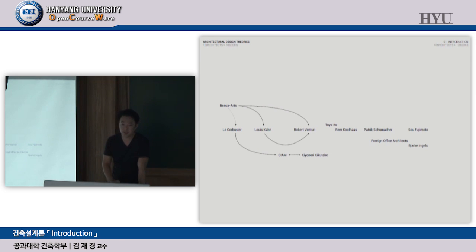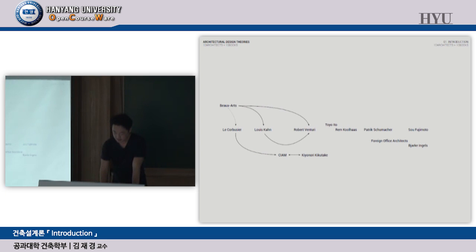Kiyonori Kikutake had a key role in the metabolist architecture in Japan. Actually, Kiyonori Kikutake is a teacher of Toyo Ito. Ito worked for Kikutake. I think it's very interesting. It's not a very direct relationship, right?